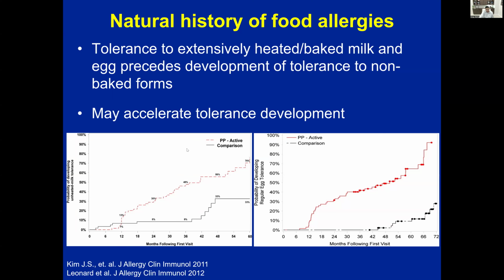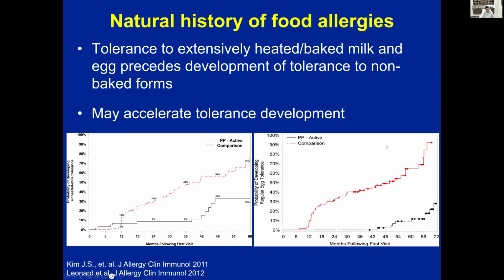One of the reasons this is important is that if you're able to tolerate extensively heated baked milk or egg, that actually accelerates development of tolerance. If you're able to tolerate these foods in baked forms, you're more likely to outgrow the food allergy itself.